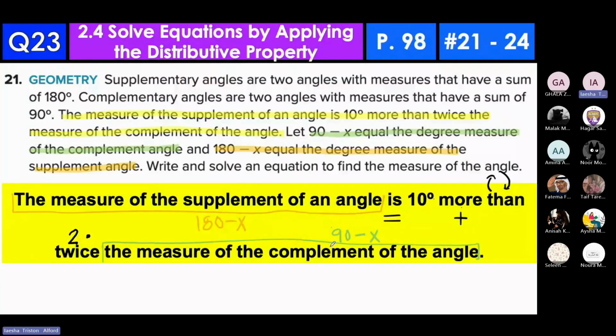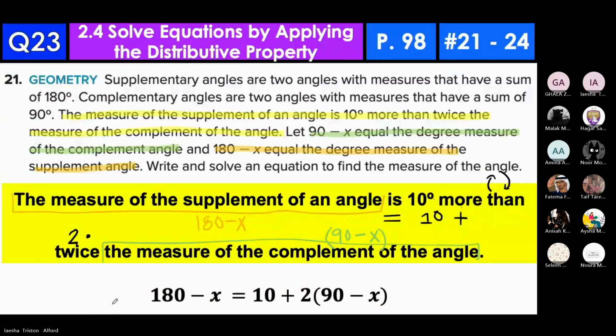Put this in parentheses. And then we should also have the 10. So we have 10 more than twice the measure of the complement. The hard thing, like I said, is to write the equation. The easy thing is to solve it.